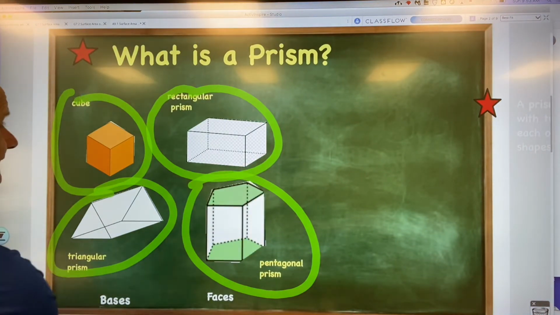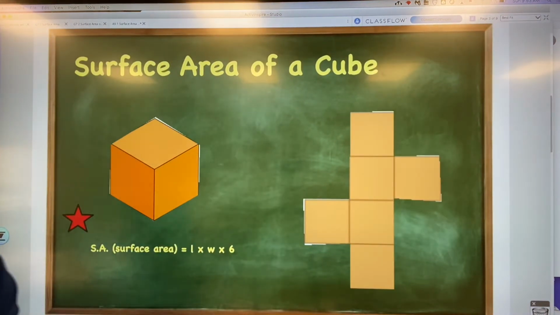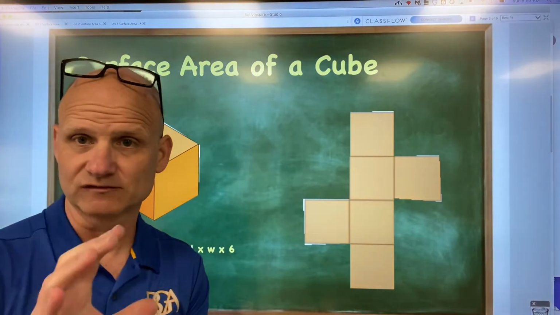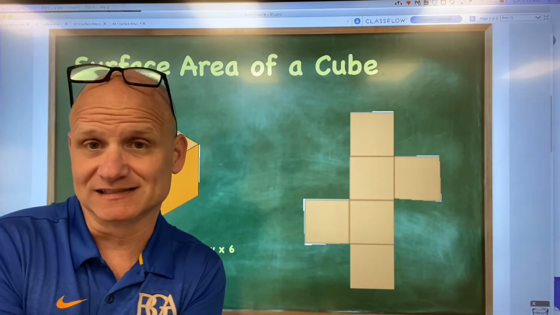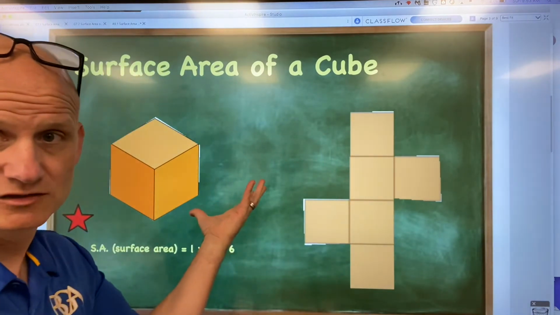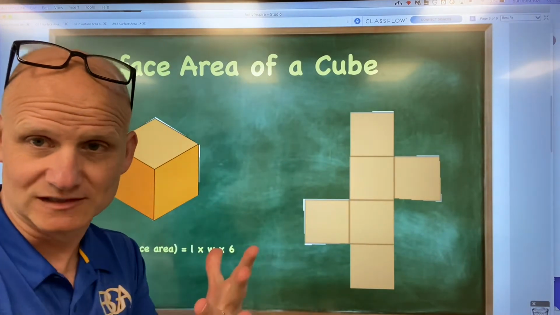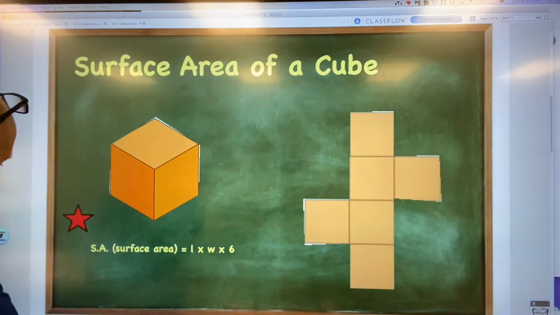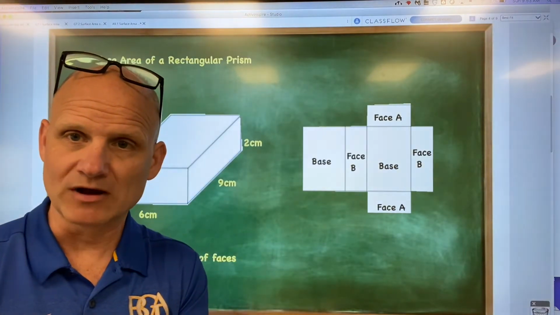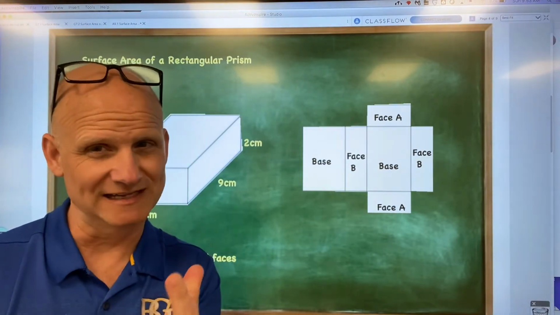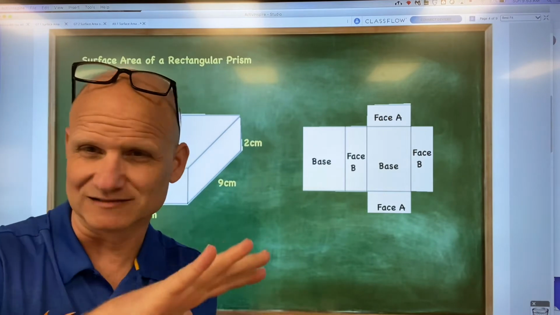How do you find the area of a prism? You just find the surface area of each face, and sometimes you can multiply by 6 if it's a cube, right? You just find the area of one face and then times 6. But sometimes, if you have a rectangular prism, you probably will have 3 different faces, or 3 different rectangles.